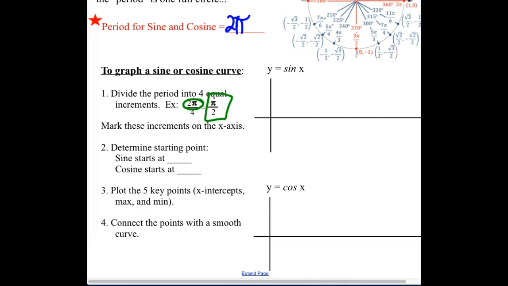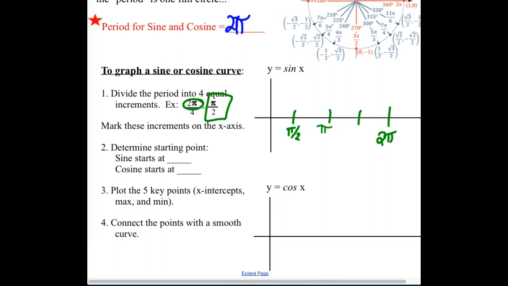So on our horizontal axis over here somewhere, write 2 pi. We want to cut it into 4 things. So we're going to cut it in half. We're going to cut it in half again. And we said each increment should be a half a pi. So this first one is going to be pi over 2. Then we have pi.